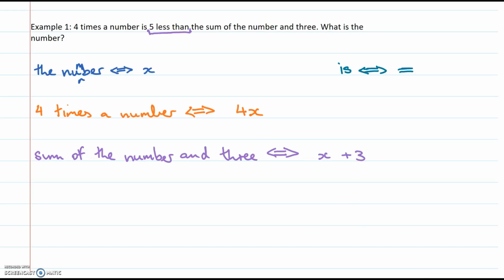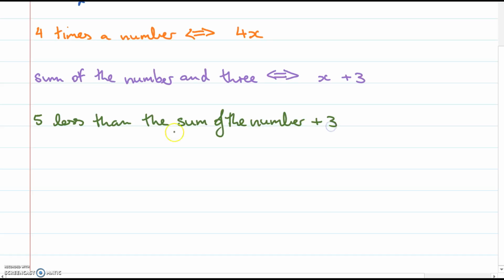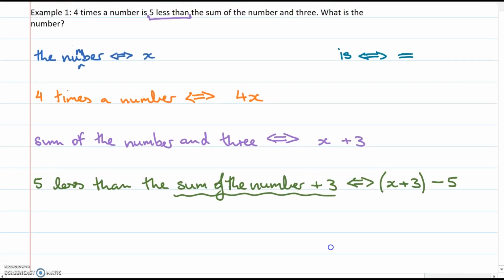Now 5 less than that, 5 less than the sum of the number plus 3, that's going to be x plus 3, and then we're going to subtract 5 from it. Now if you think that you want to put parentheses around this, you can. You don't actually have to, because if you've written it in the right order, it's not going to change it. But that's what we've got so far.